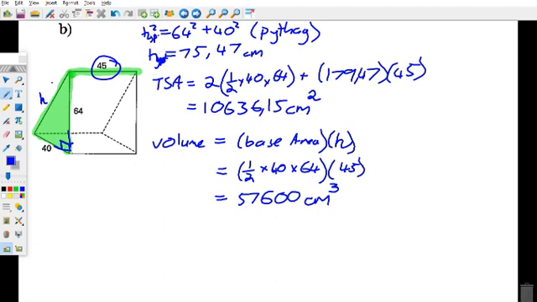They want that in liters now. Let's put the capacity. Capacity is equal to, 1 to 1 centimeters to milliliters, so it's 57,600 milliliters. But we need to multiply, oh no, we need to divide from milliliters to liters. We're going to divide by 1,000.